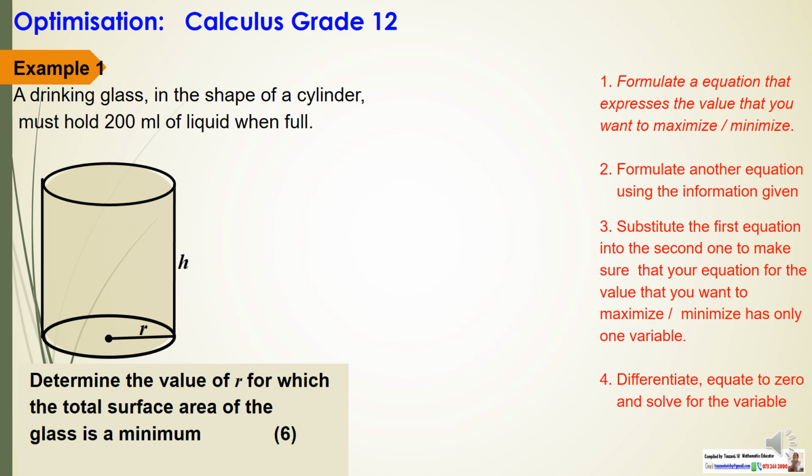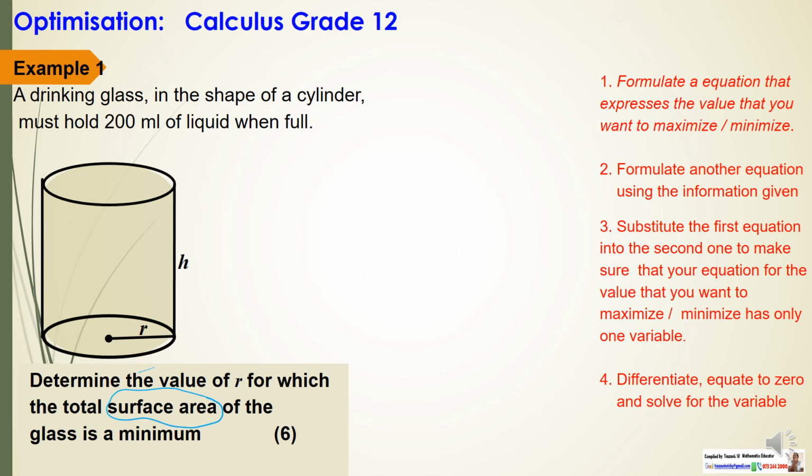So to answer this question, we must formulate an equation that represents the quantity that you want to minimize or maximize. In this case, we want to find the maximum of the surface area of the cylinder.